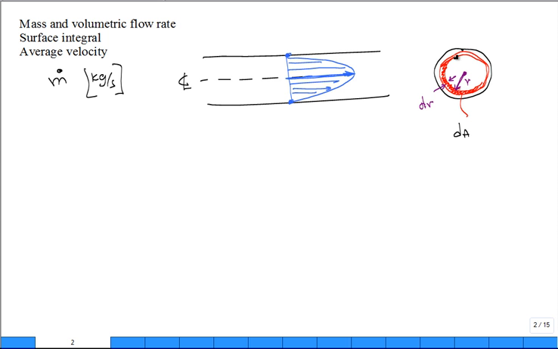I didn't draw it very well. But there it is. 2 pi r, that'll give me the circumference, times dr. So it's 2 pi r for the circumference. That's the length. And then the width of that little ring is dr. Does that give me units of area?